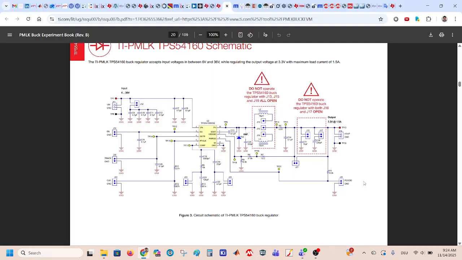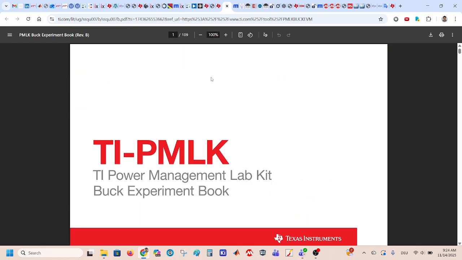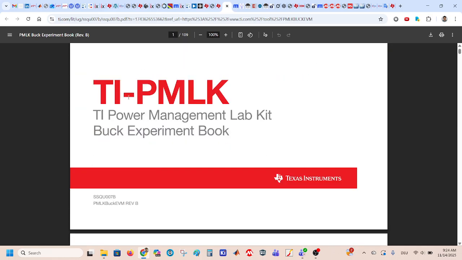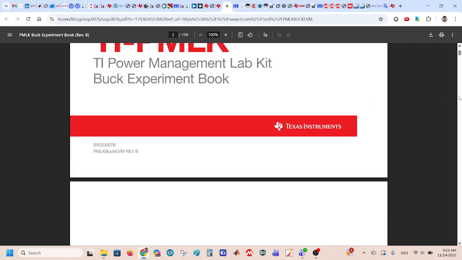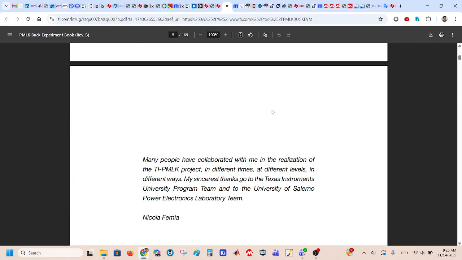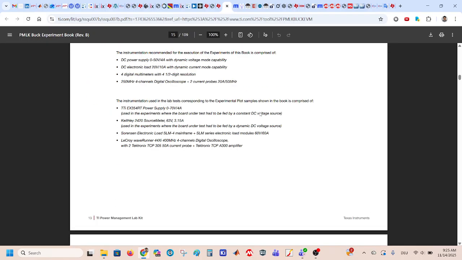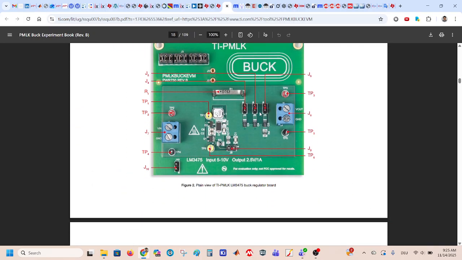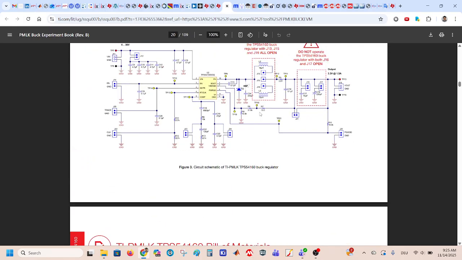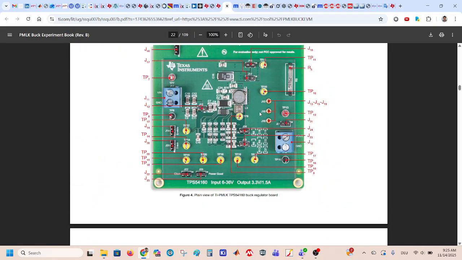Let's summarize what we did yesterday. This was our data sheet, and we will work only on this board, not this board here.